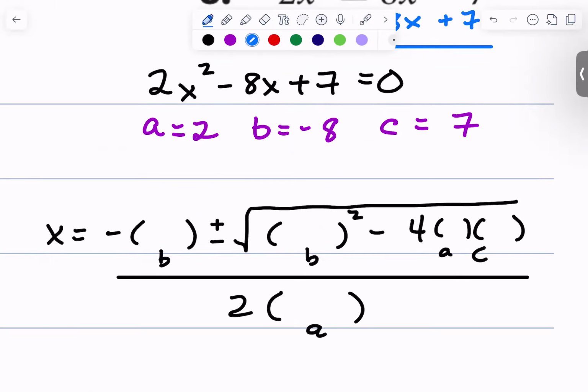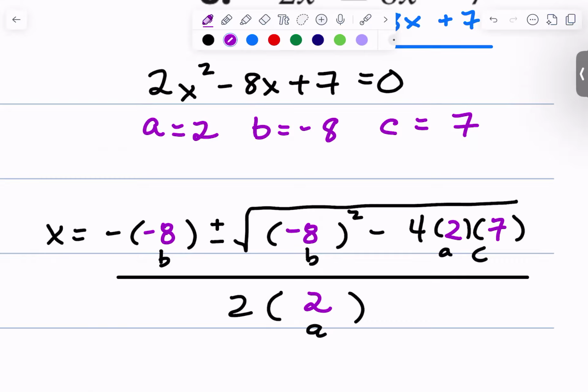So x equals negative 8, negative 8, times minus 4 times a, which is 2, times c, which is 7, all over 2 times 2. Right?